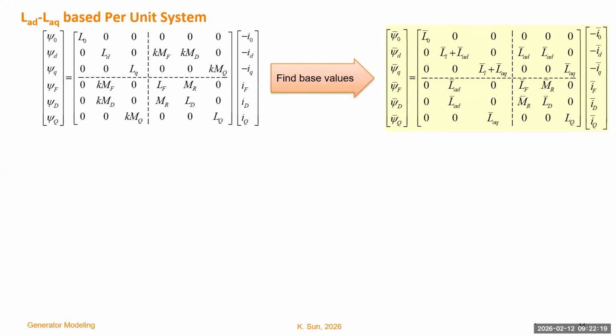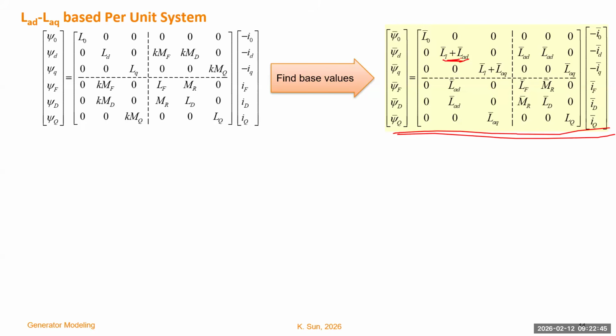Okay, so let's take a look at the detailed steps or some formulas we need to satisfy to make this happen. The idea of this result in per unit is to generate an inductance matrix where the mutual inductances coupling the stator winding and rotor winding are all the same.